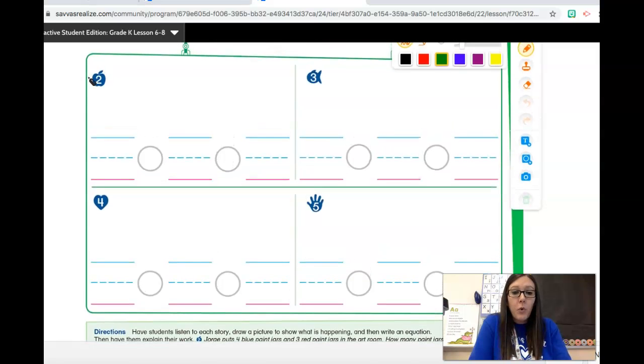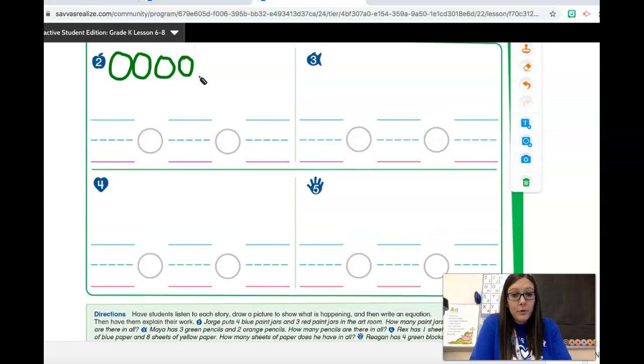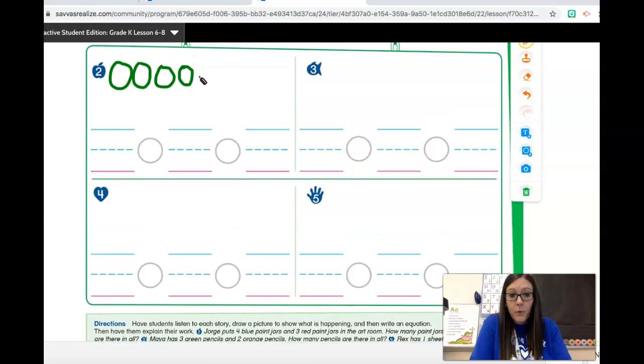George puts 4 blue paint jars. 1, 2, 3, 4. And then he puts 3 more in the art room. 1, 2, 3. I just drew a picture of the 2 groups of paint jars. In this group, there are 4.